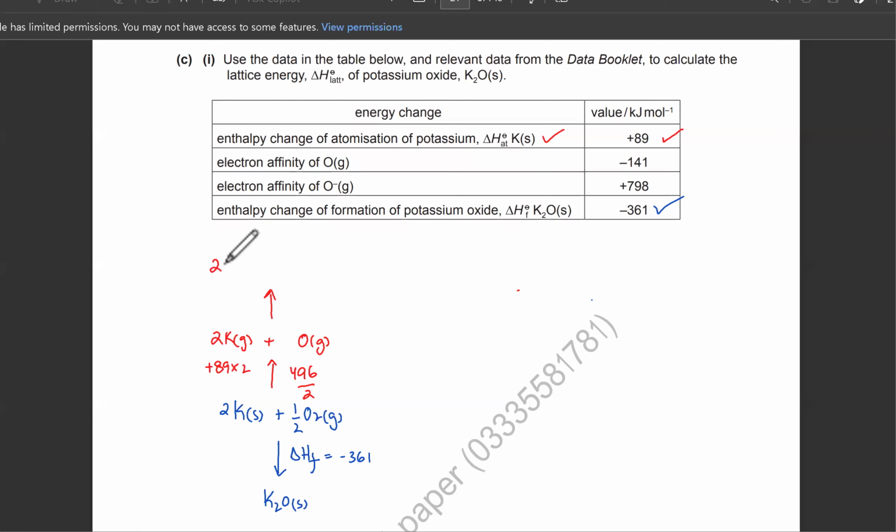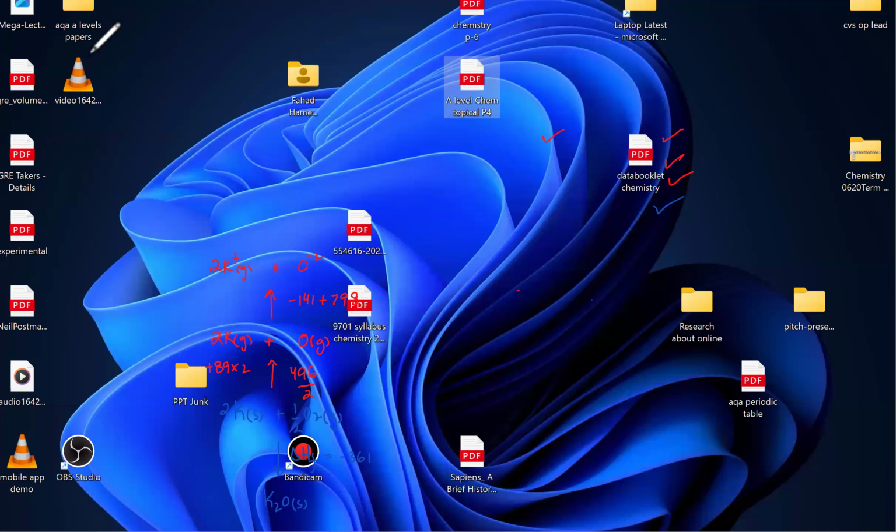So you want potassium to turn into K plus 1 gaseous ions, and you want oxygen to turn into O minus 2 ions. Now, oxygen turning into ions, that's given. That's minus 141 to gain the first electron and plus 798 so that you can gain the second electron. Now, to ionize potassium, that's probably given in the data booklet.